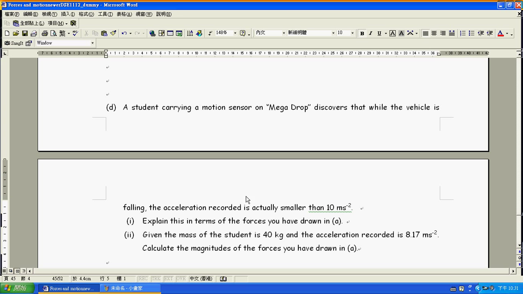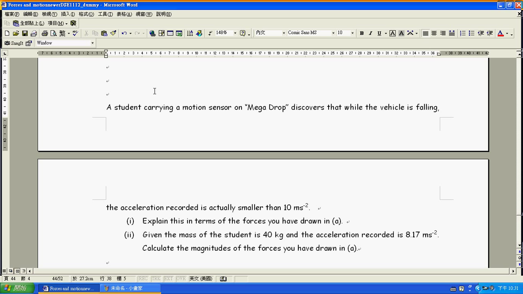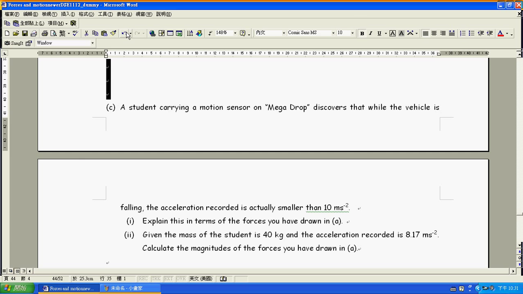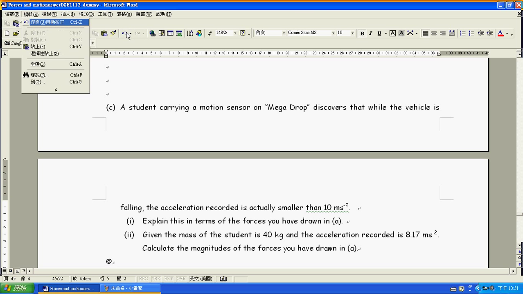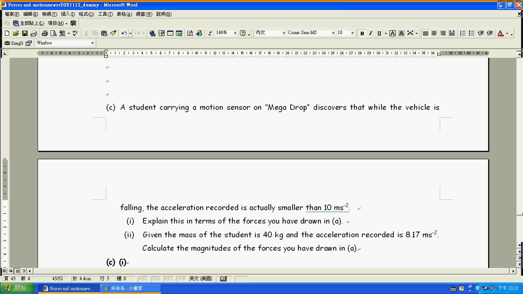So this should be part C1: explain this in terms of the forces you have drawn in A.